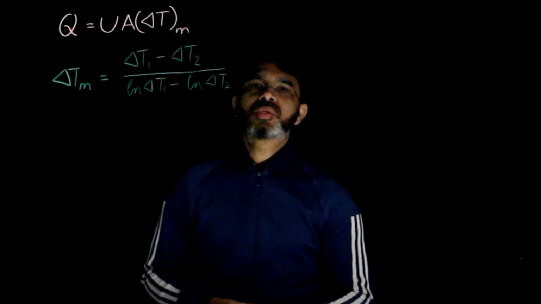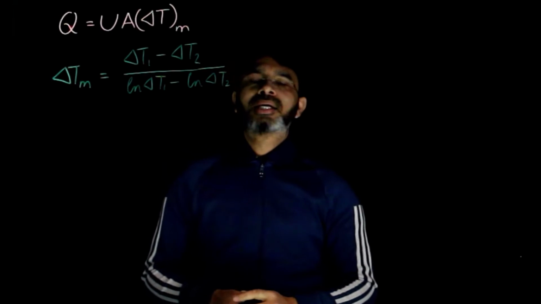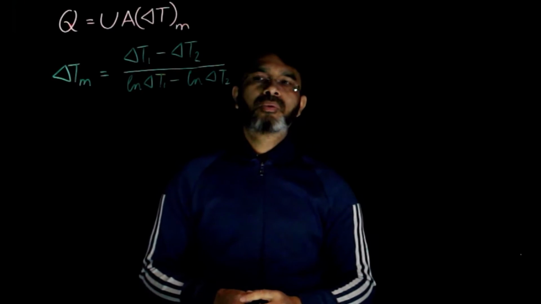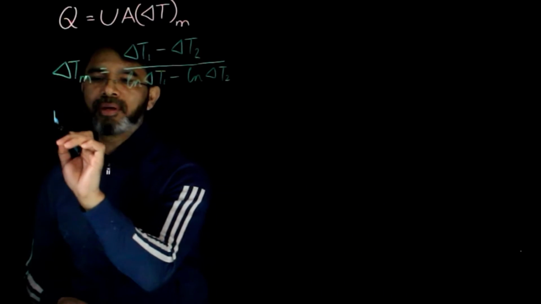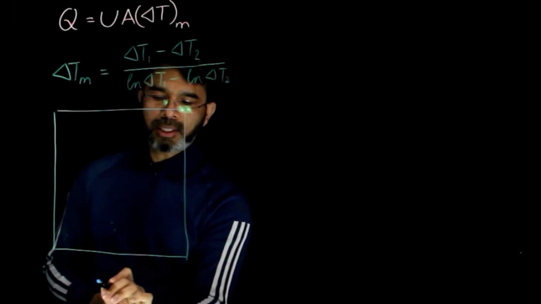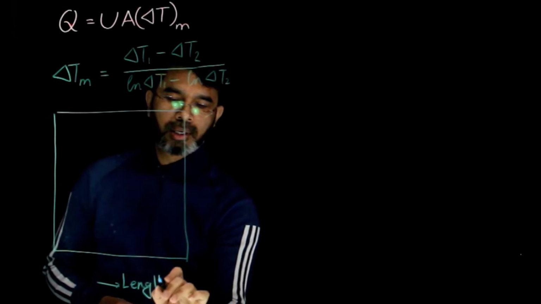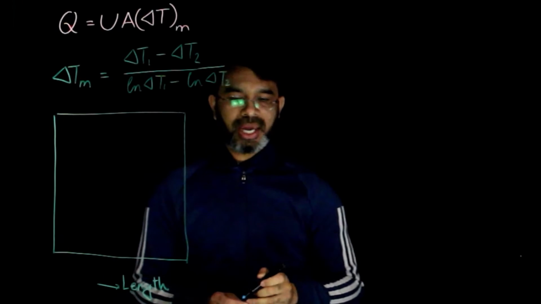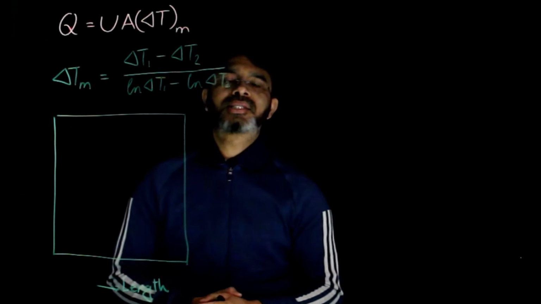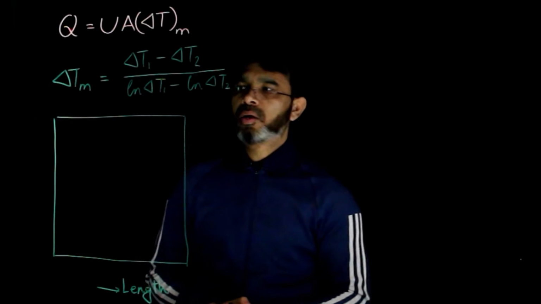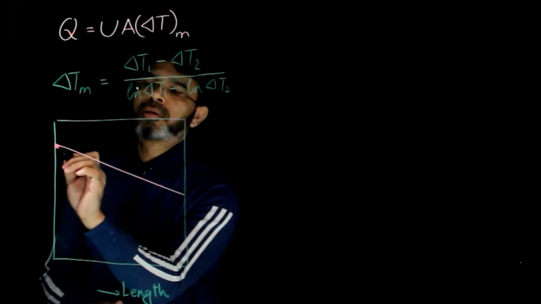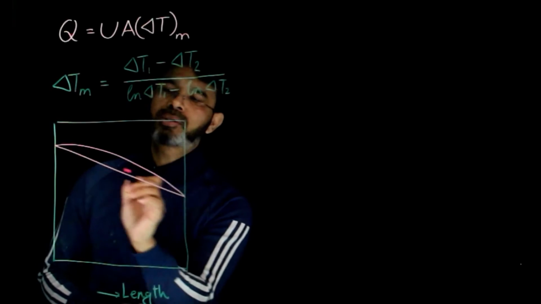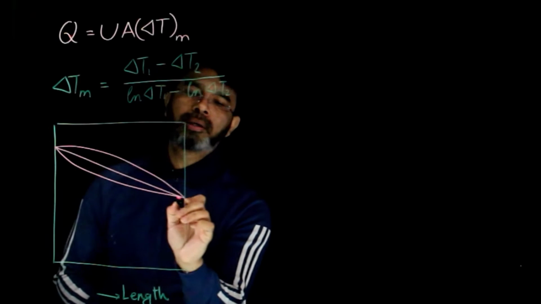Now to look at this, we need to think about the temperature difference within a heat exchanger. If we plot the temperatures against the length of the heat exchanger, suppose it's a simple double pipe heat exchanger, we can get the hot fluid temperature to be something like this, or this, or this.